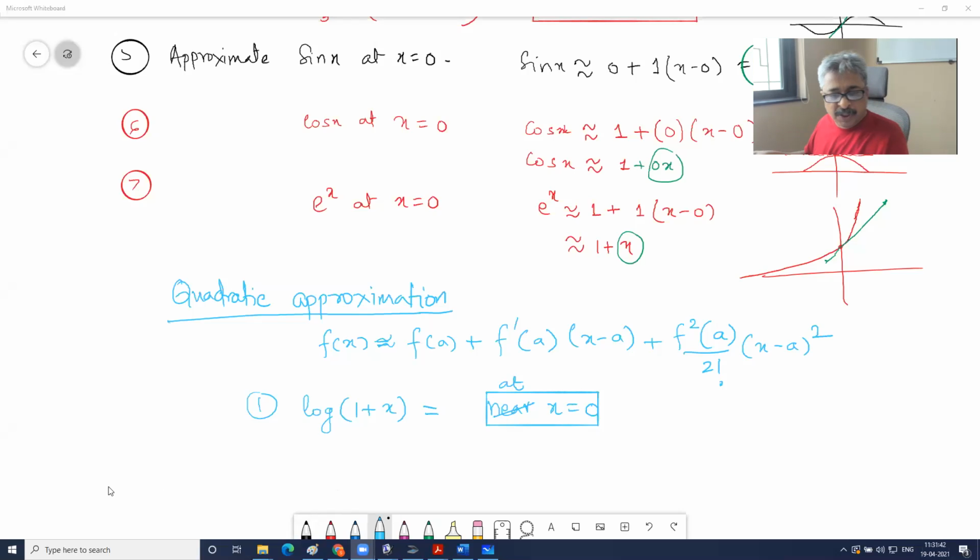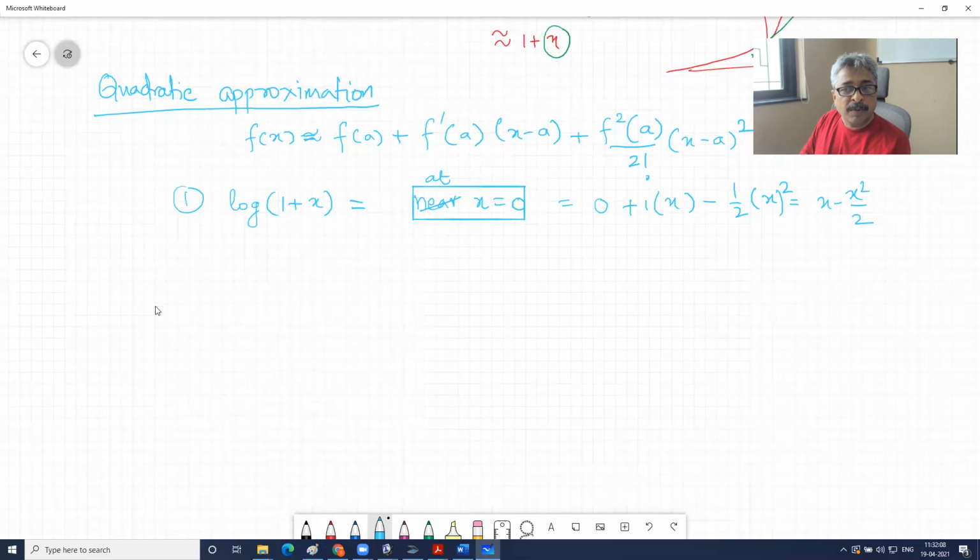As far as log 1 plus x is concerned, you should follow this: f of 0, which is log 1 plus 0, that is log 1, which is 0, plus 1 times x minus half times x square, which will give you x minus x square by 2 as an answer. Okay. Now let us solve second problem.